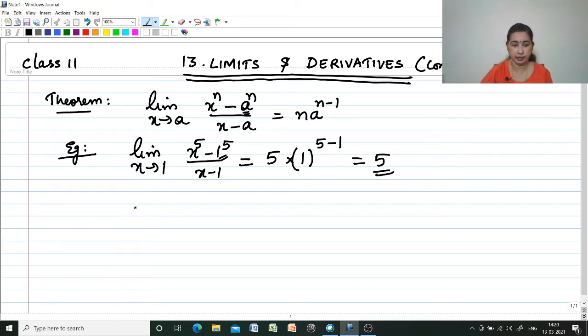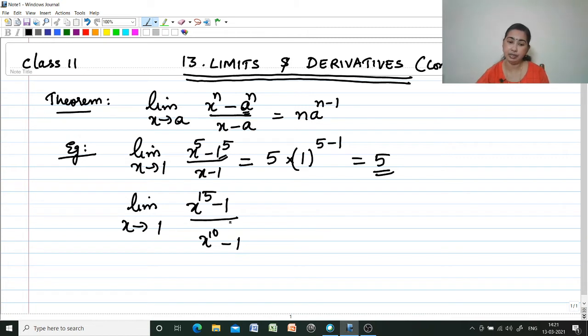Then another example: limit x tends to 1, x raised to 15 minus 1 divided by x raised to 10 minus 1. If it is in this form, how can you apply this result? We have seen that standard result, limit x tends to a, x raised to n minus a raised to n by x minus a.